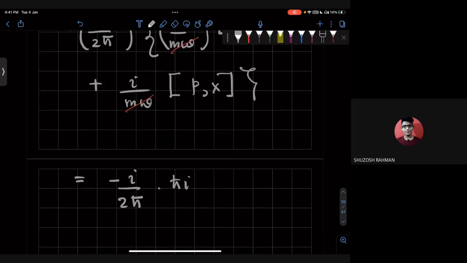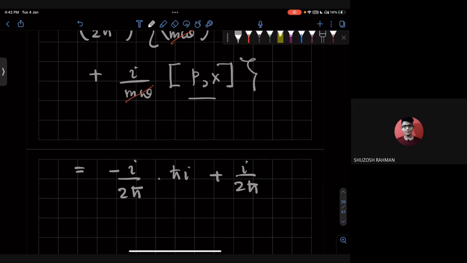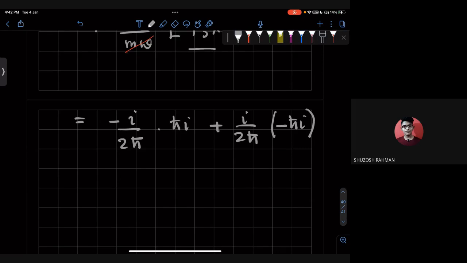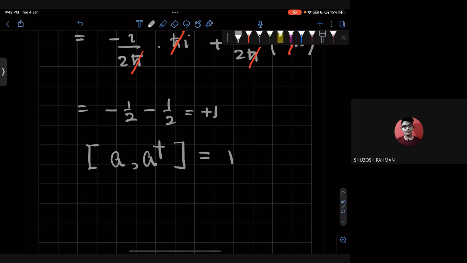And from the second one, we have plus i by 2 h bar, and from this guy, we are going to get minus h bar i. So that means that this h bar will cancel with this h bar, and i squared will give me a minus 1. So we get minus half, and here we get a minus half, so we get plus 1. In other words, we have a, a dagger, their commutator is 1.